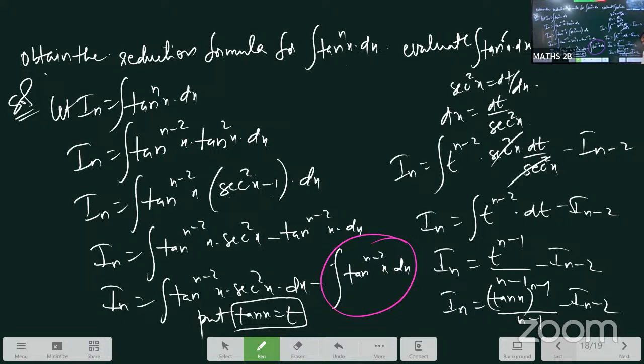I hope you understood. Now let us do next. See cot power nx. Is it clear? Let us do next cot power nx dx.